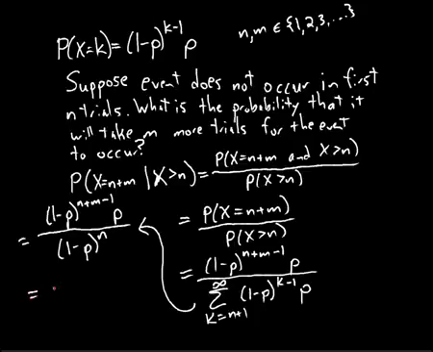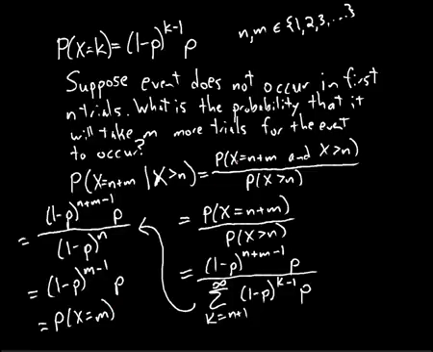And this is (1 minus p) to the, the powers of n will cancel, and that's just m minus 1 times p. And notice this is exactly what we get when we plug m into the formula for the distribution. This is just the probability that X is m.